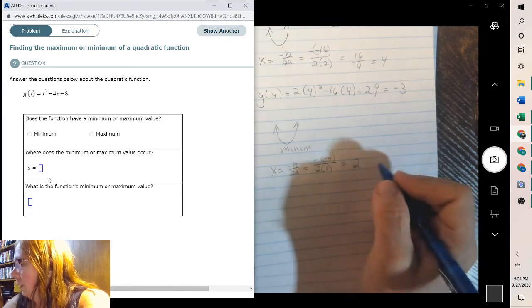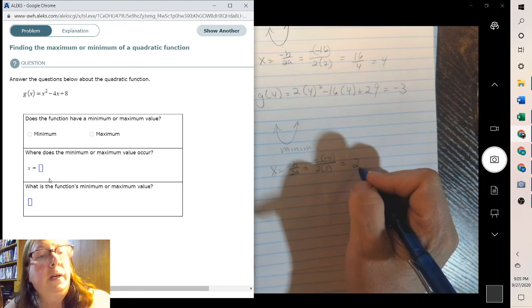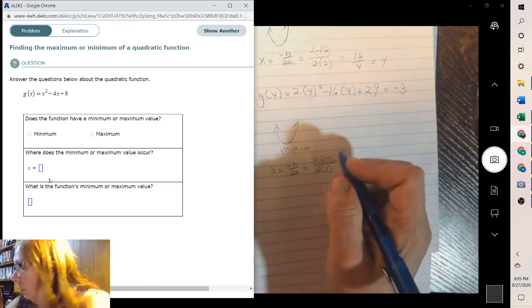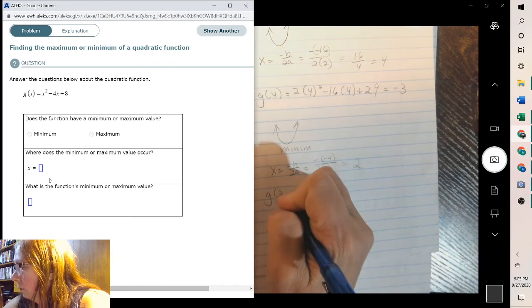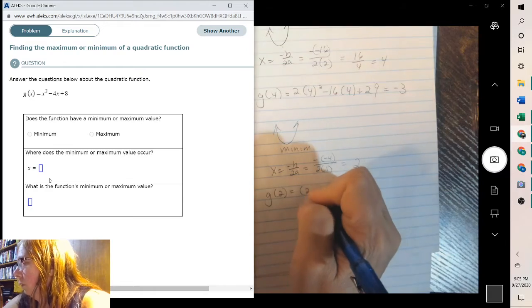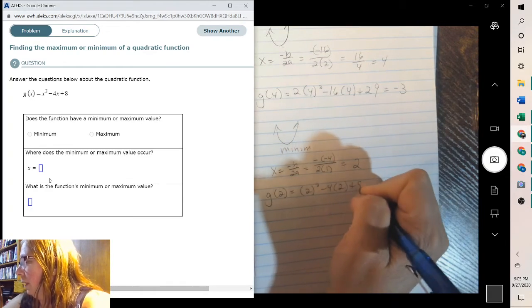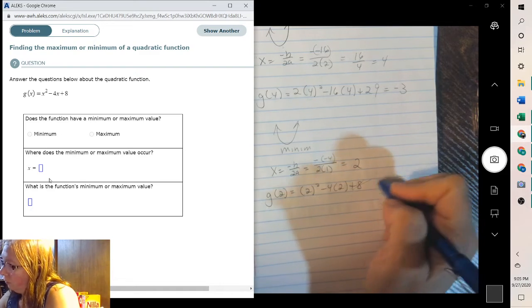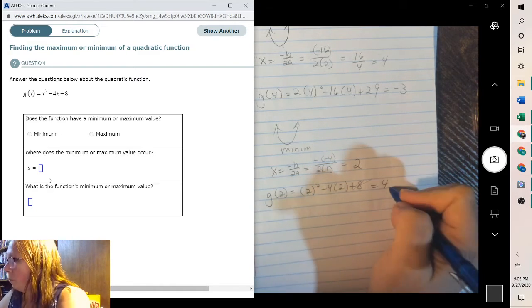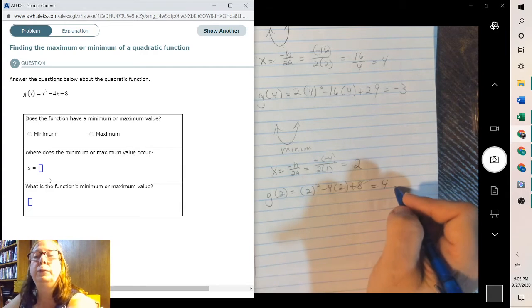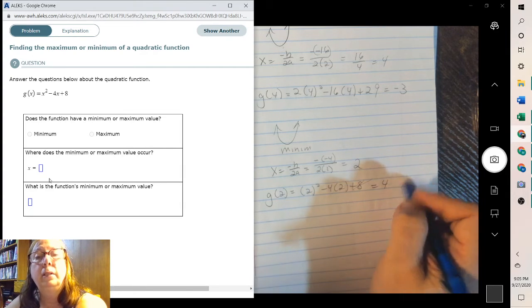So that would be the x. To find the minimum, we plug that into the original. 2 squared minus 4 times 2 plus 8. 8 and 8 cancel and leaves 4. This is also your vertex. So you're finding the vertex also. It's the same process.